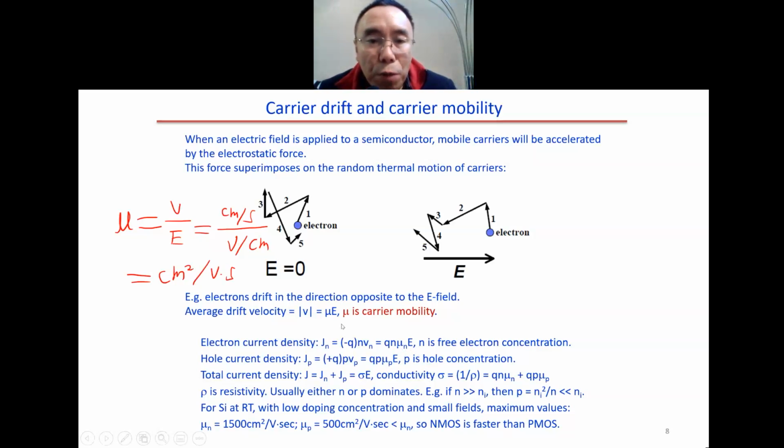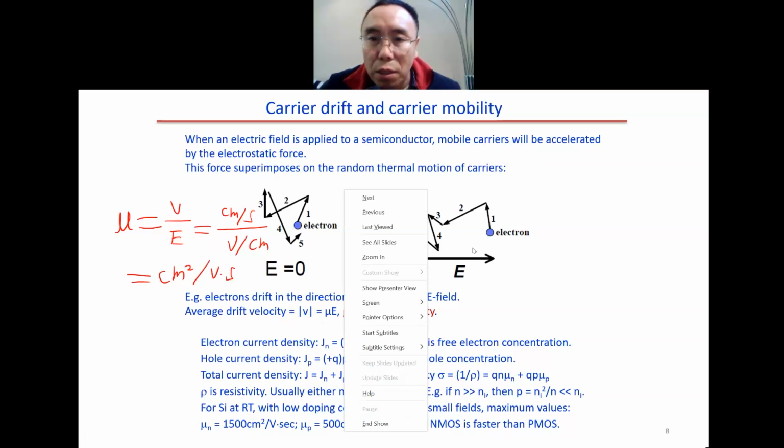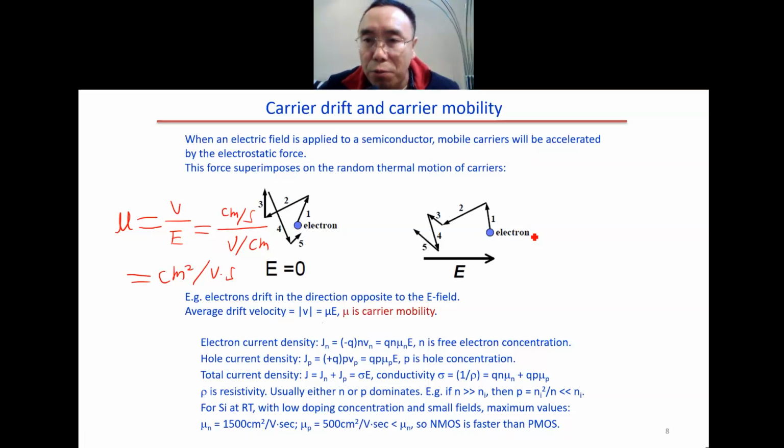When we know the mobility, we can calculate the current density. The current density is given by this formula here. So now, how to derive this? We assume that we have a box with free charges.